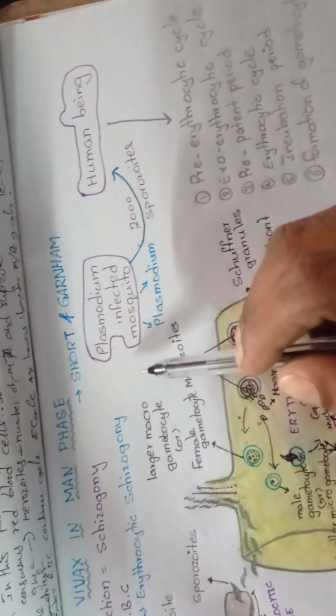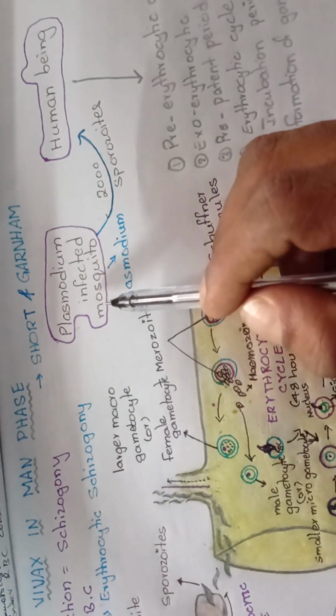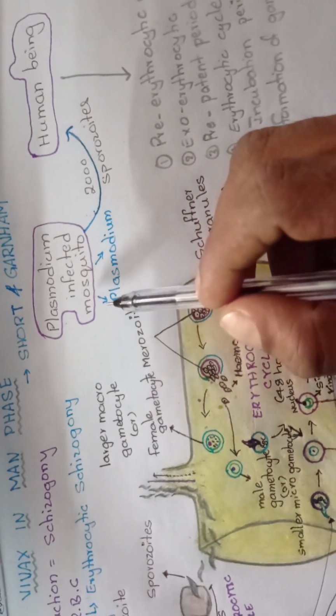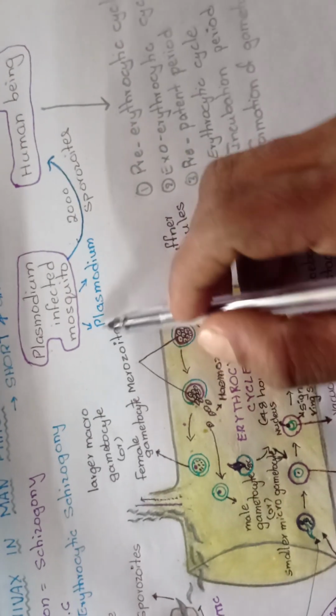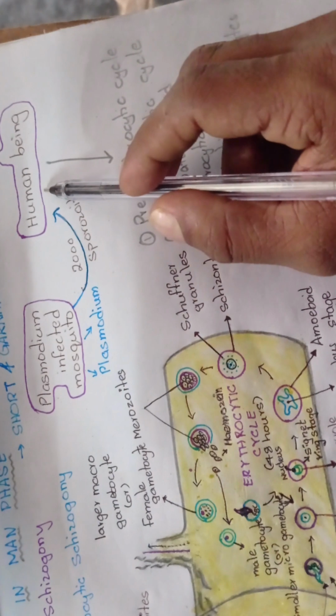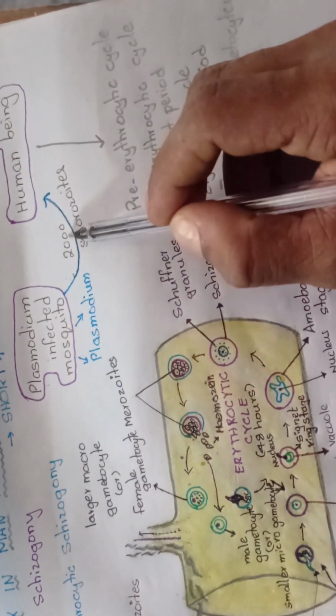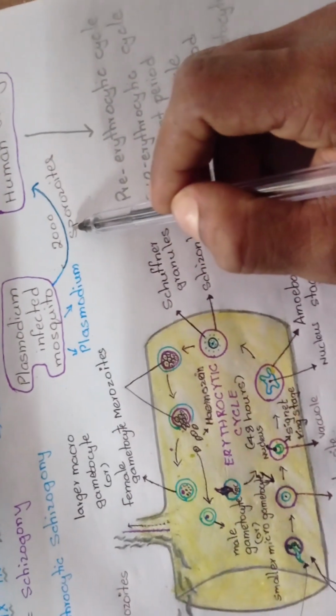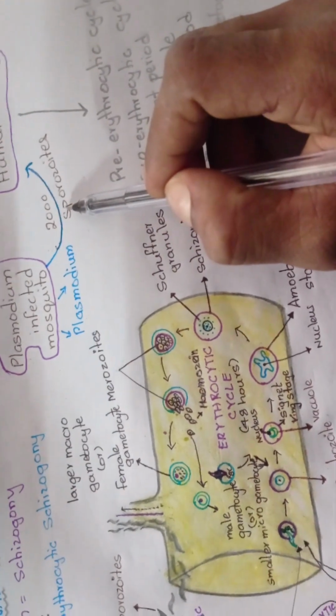A Plasmodium-infected mosquito goes and bites the human being, and then it starts releasing 2000 sporozoites.